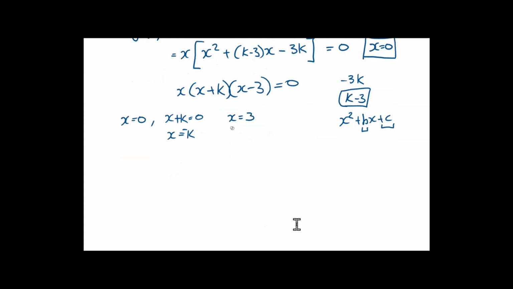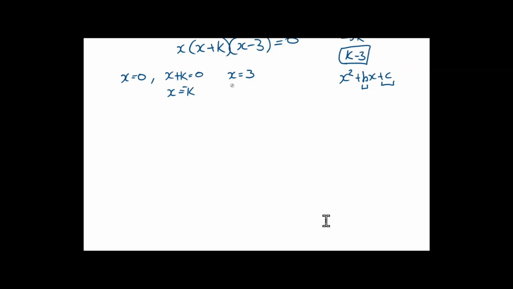We know k is a positive constant, so therefore, in order, the turning points must be at minus k, 0, and 3. 3 is obviously greater than 0, and k is a positive number, so making it negative must make it by definition less than 0. You with me so far?